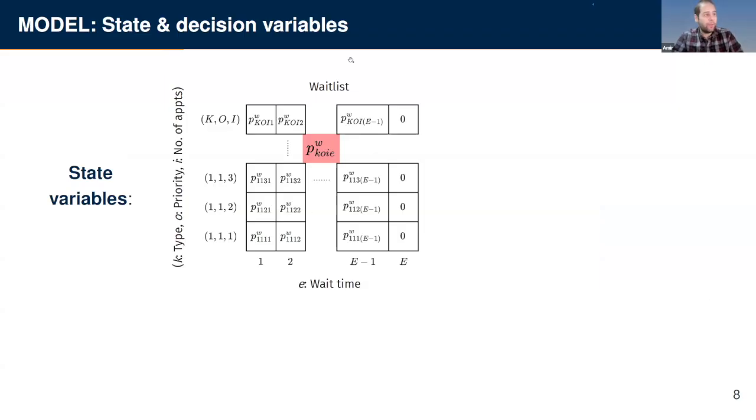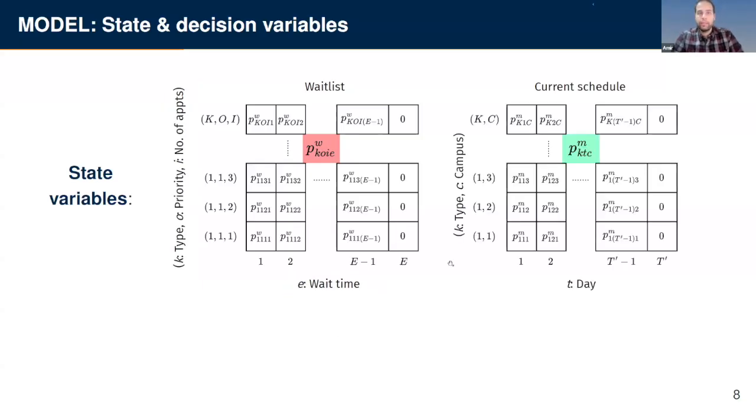For the wait list, we define a matrix like this, where we are showing different types of patients with different priorities, with different numbers of appointments, and how many days they have waited on the wait list. So effectively, these are non-negative integer values that specify the number of patients of a specific type, specific priority, how many appointments they require, and how long they have waited on the wait list, right?